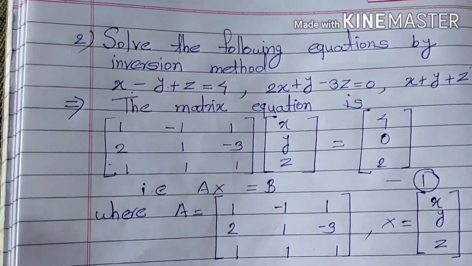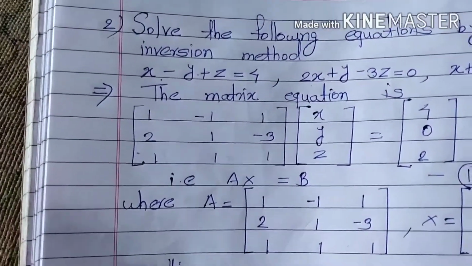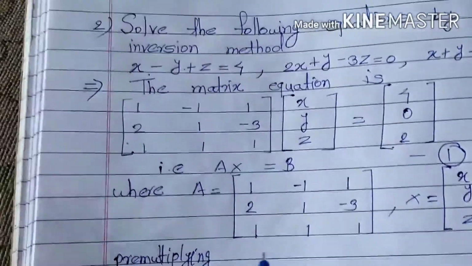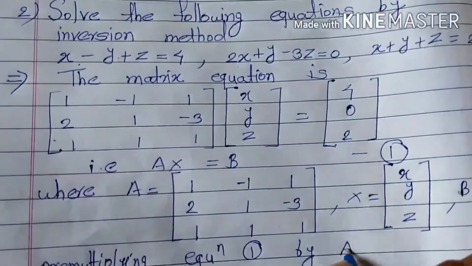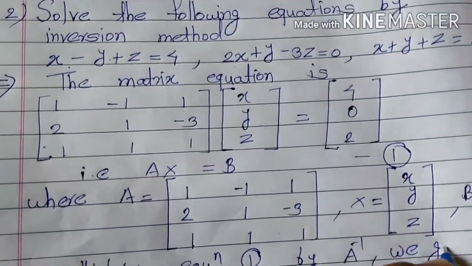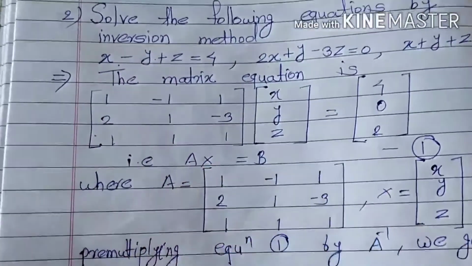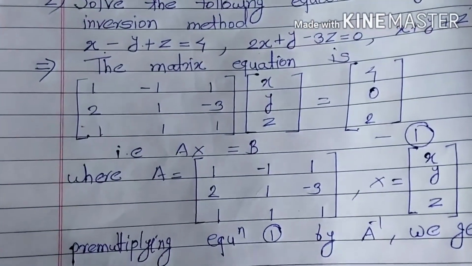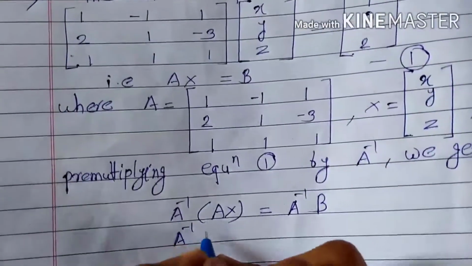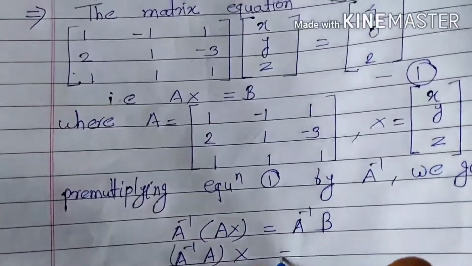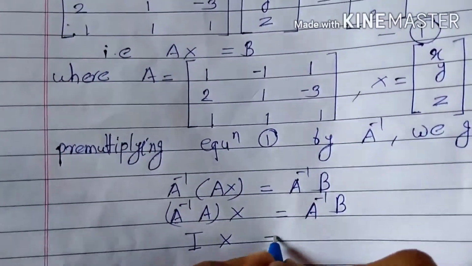Pre-multiplying equation 1 by A inverse we get A inverse AX is equal to A inverse B. So A inverse into A, X is equal to A inverse B. It is I, means identity matrix.